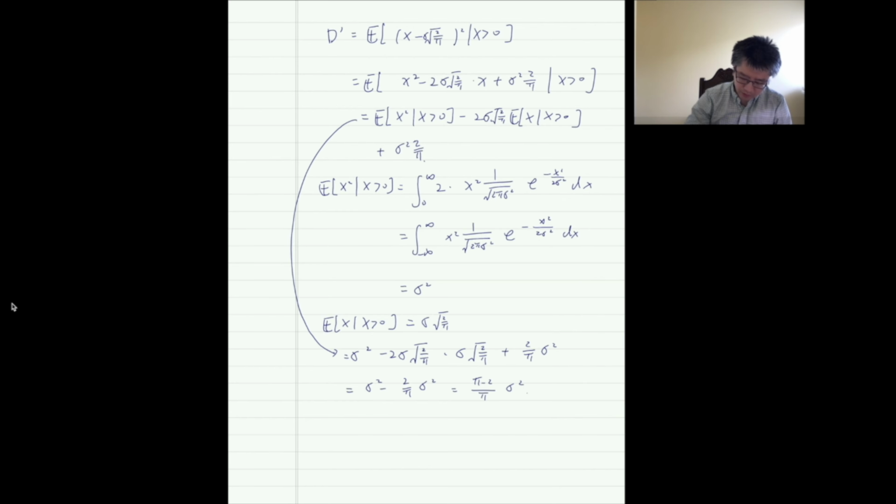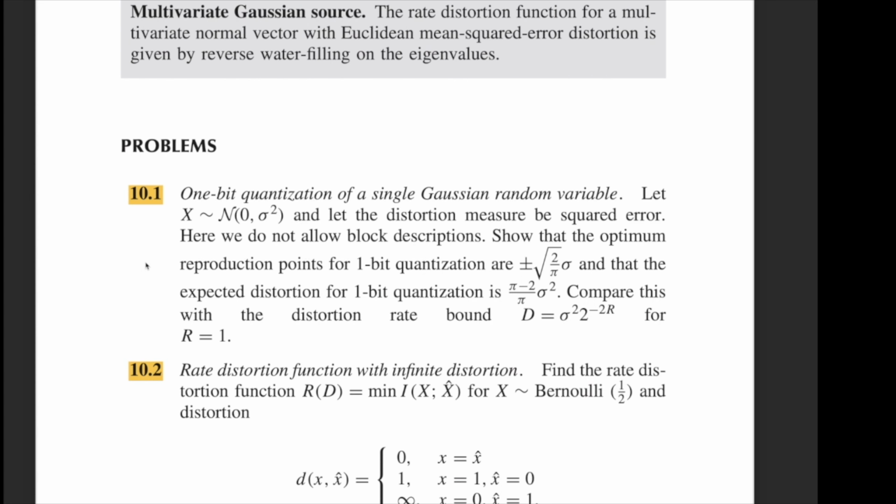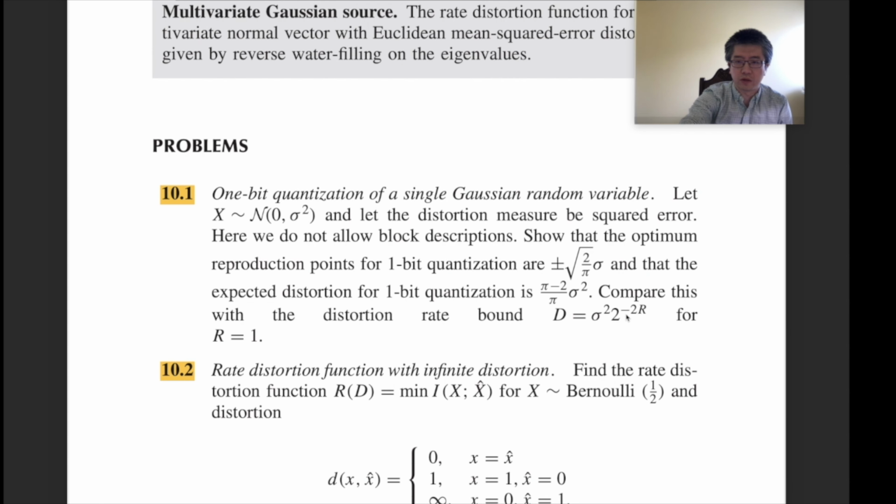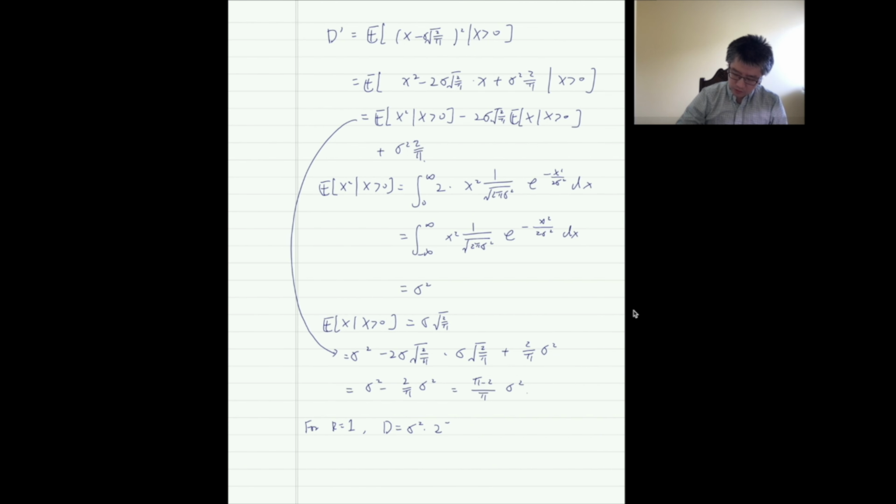And now we can compare, right? For R equals 1, the optimal distortion D equals sigma squared times 2 to the power of negative 2 times R, where R is 1, right? Therefore, this is 2 to the power of negative 2, that equals sigma squared over 4.